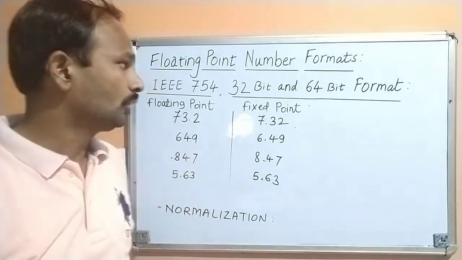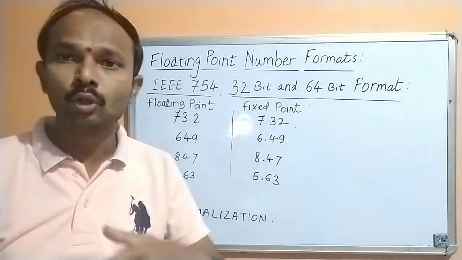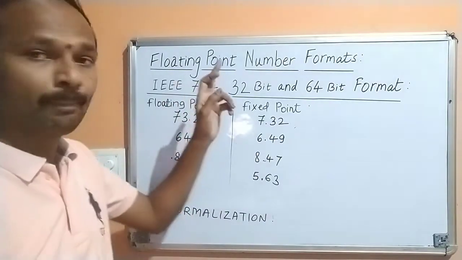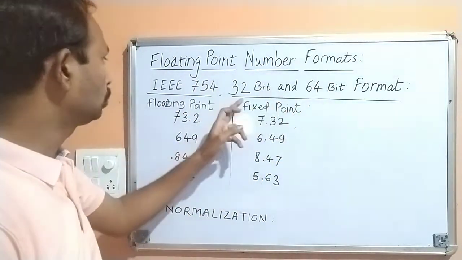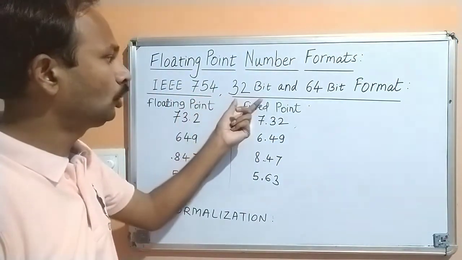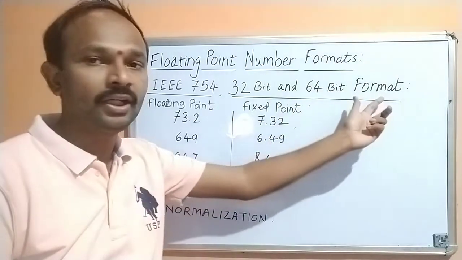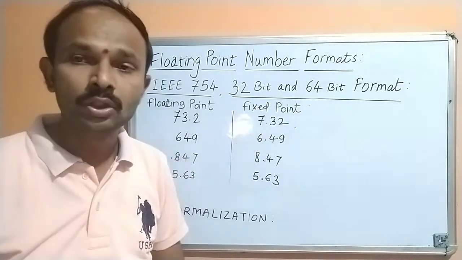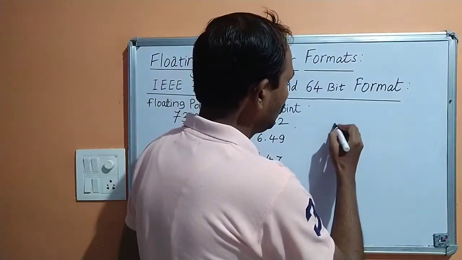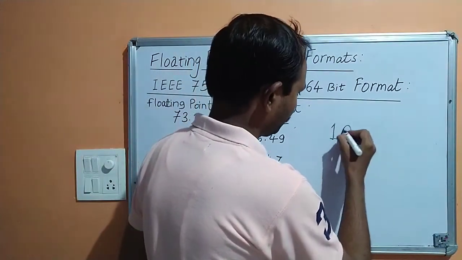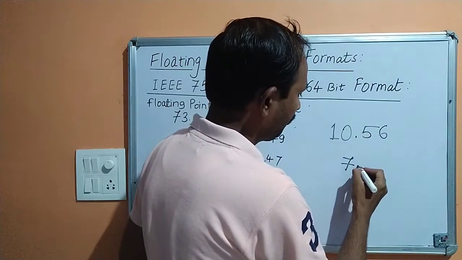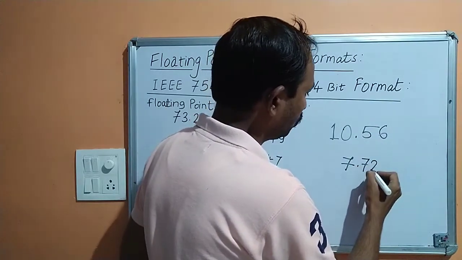Now the first question is, what are floating point numbers? These floating point number formats are also called the IEEE 754 32-bit and 64-bit formats. Now we observe that there are some numbers like 10.56 and 7.72.